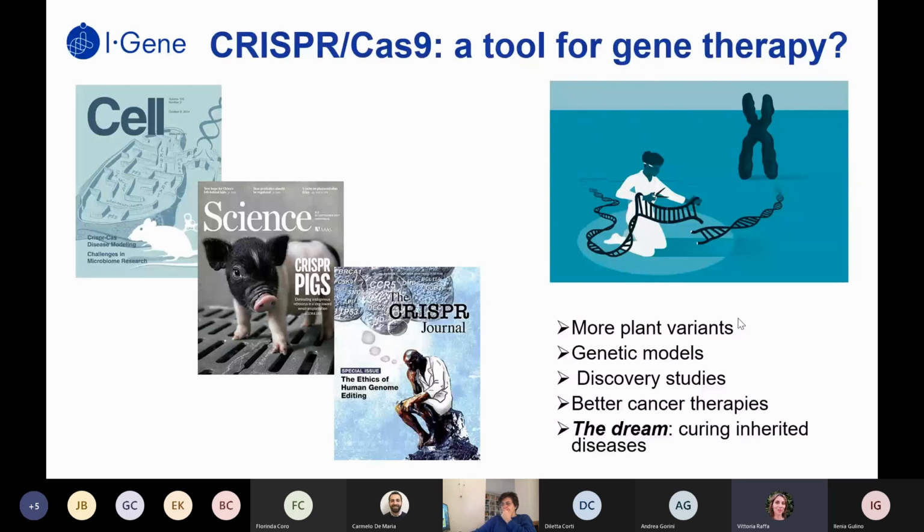And so we can test new medications, new drugs in the mouse model to see how the model reacts to this therapy. And if this is promising, then we can test it on humans, okay? The big challenge, let's say the dream, is to use this system for curing incurable human diseases, okay?